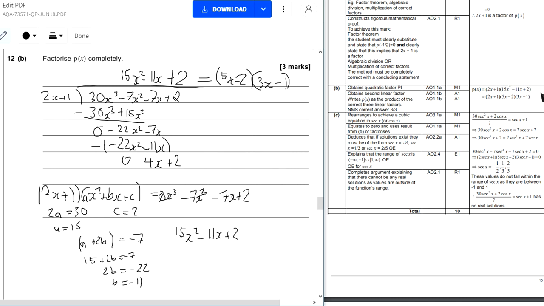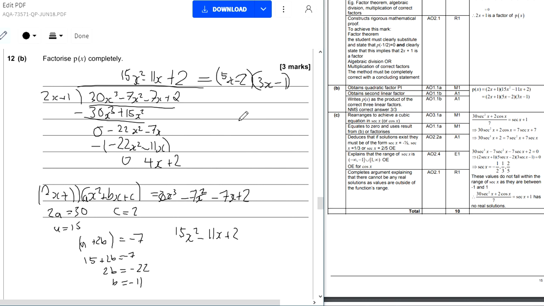But they just show that they factorize it. If you want to, you could probably just put this into your calculator, and it will figure out the roots for you. So then all you have to do is write them in terms of the linear factors.